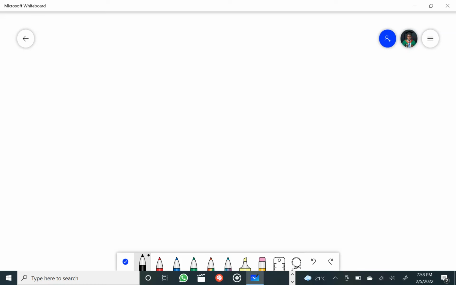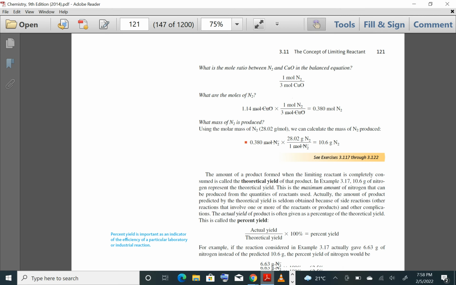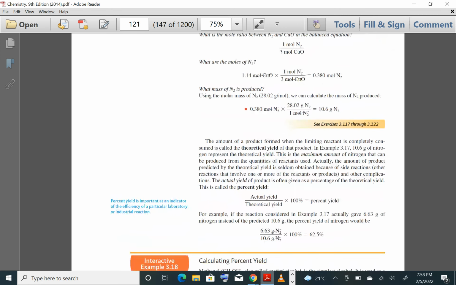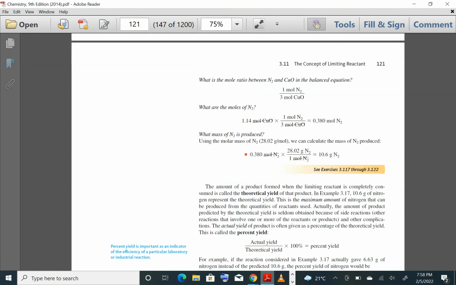That's the amount that in theory we would expect this reaction to produce. That's the maximum amount that can be produced. However, this rarely happens, right? It's rare for a particular equation to produce the actual amount, okay?